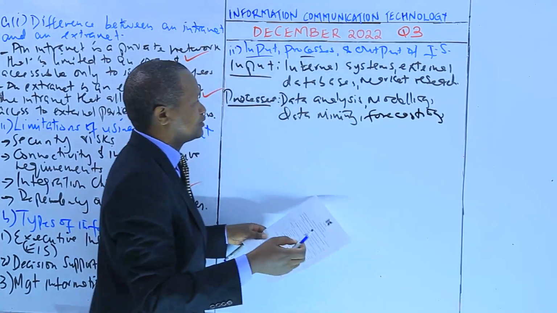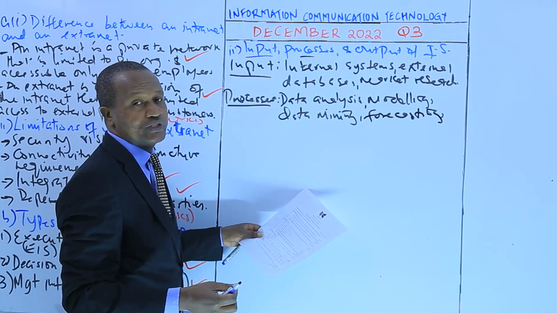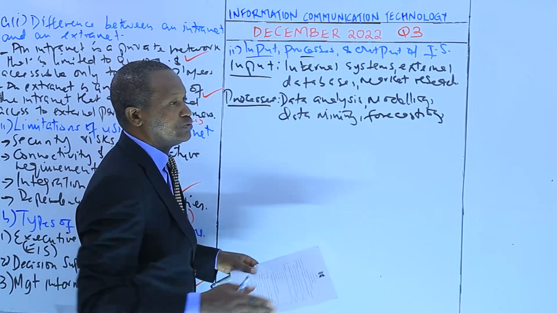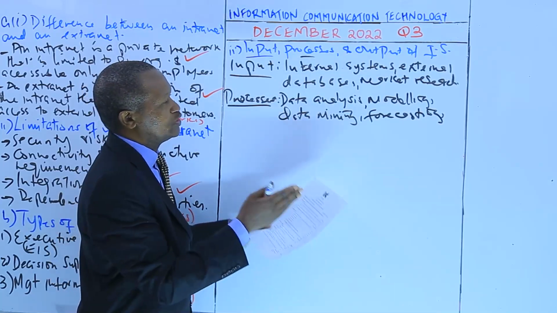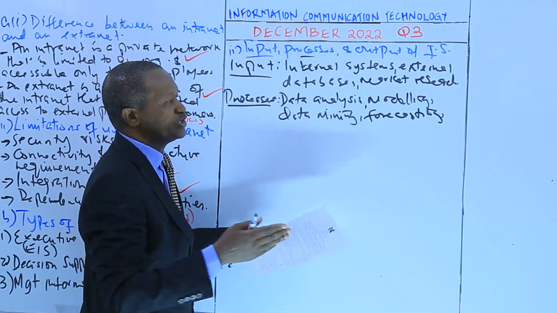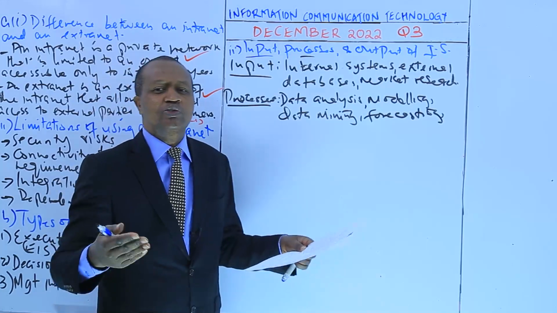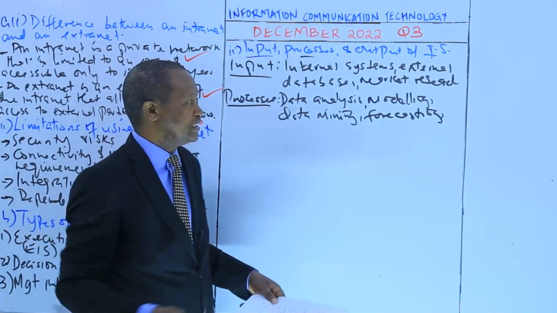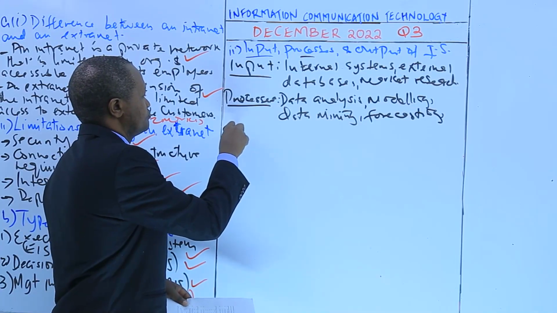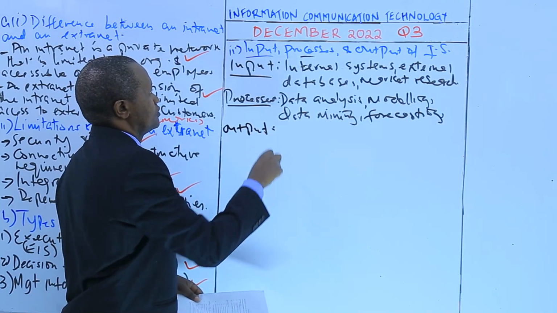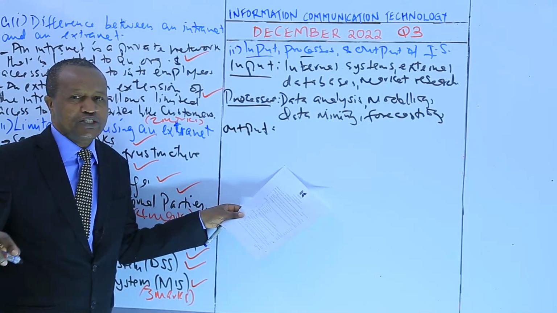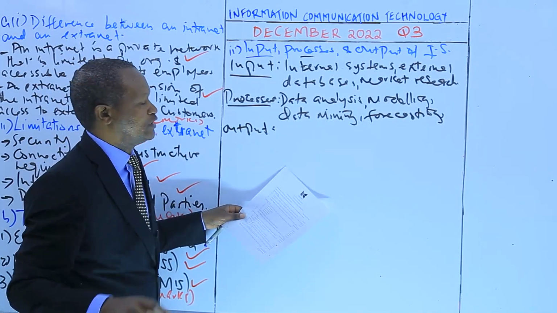These processes can be carried out using various tools for processing data. We have analytical tools, we have decision making tools, we have data mining tools, there are forecasting tools, many of them. All right, processes. Then output. What is the output of an information system?